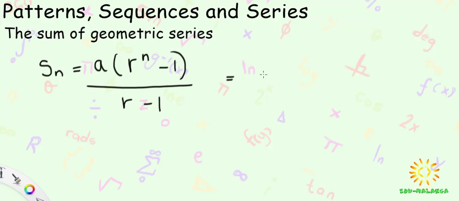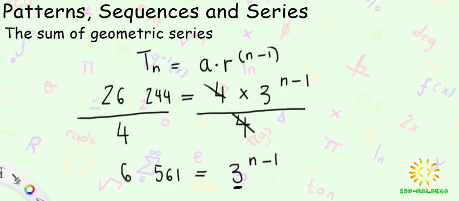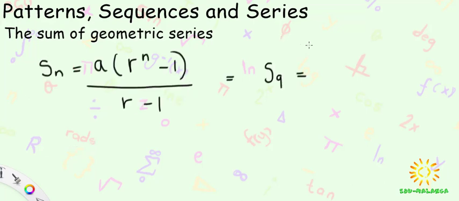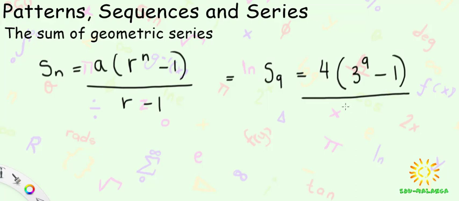When we substitute everything, S9, because we have 9 terms, is equal to 4 times open brackets 3 to the power of 9 minus 1 close brackets, all divided by 3 minus 1.